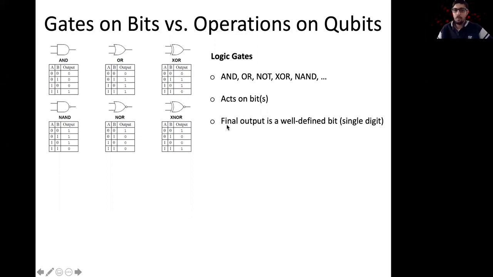Then there are well-defined Boolean tables, and you get the outputs. The key thing here is that since your inputs to these gates are deterministic values, either 0 or 1, your output of the gates is also deterministic. It will be either a well-defined 0 or a well-defined 1.